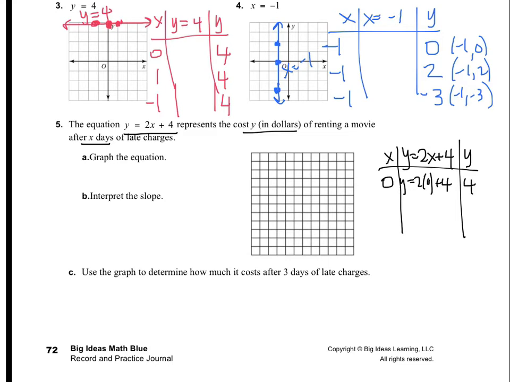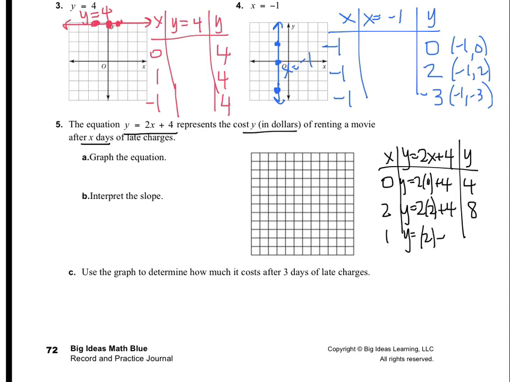Now I'll plug in, I don't know, 2, because I chose whatever. It's my choice. I can pick whatever I want. Y equals 2 times 2 plus 4. That gives me 8. And normally I would plug in a negative, but remember when there's a story it matters. If x stands for the number of days late, then I can't be -1 days late because that sounds ridiculous. So I actually have to pick another positive, so in this case I will pick 1.